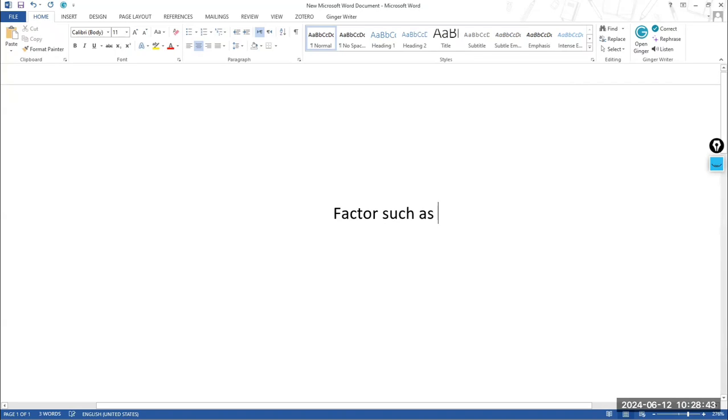The speaker said factor such as cost and function. Now the verb, influence. Influence the design of the bridge. The design of the bridge.